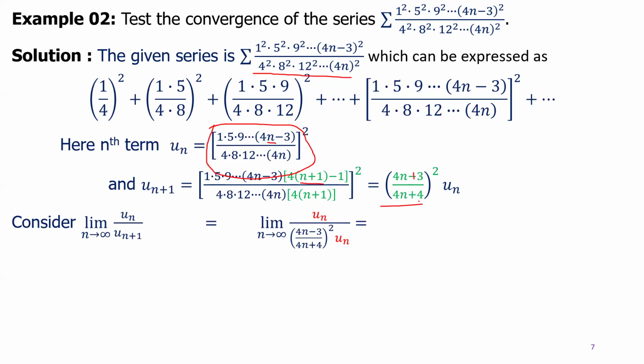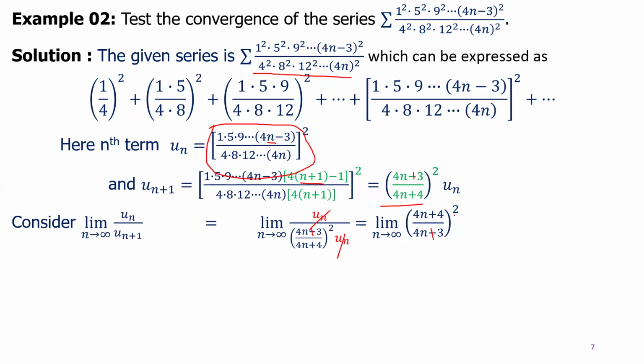Consider the limit of un upon un plus 1 when n tends to infinity. This is un divided by un times 4n plus 3 upon 4n plus 4 whole square. This un cancels, and this will be reversed: 4n plus 4 whole square upon 4n plus 3 whole square.